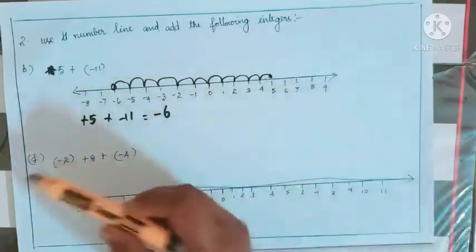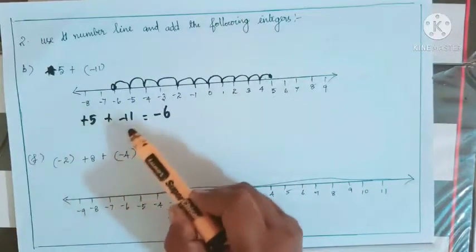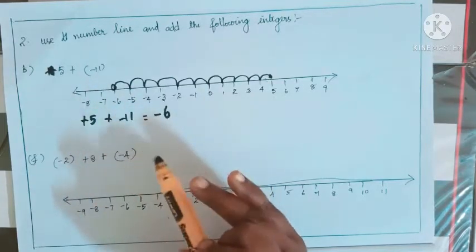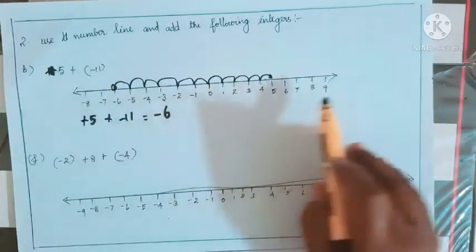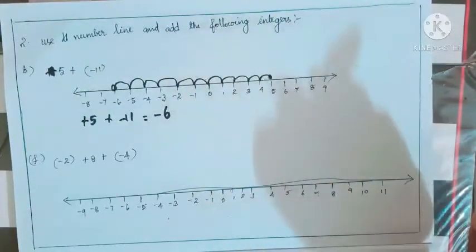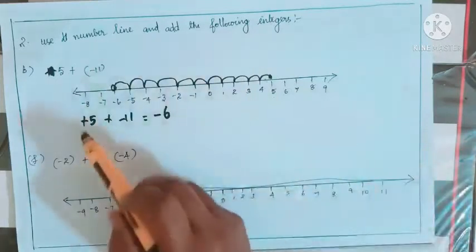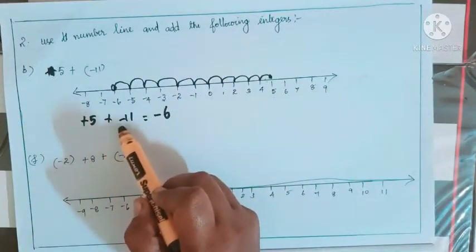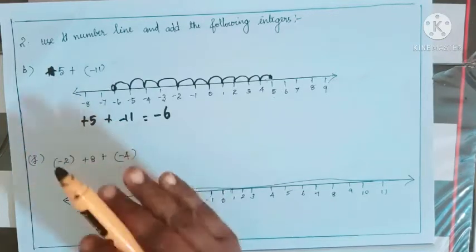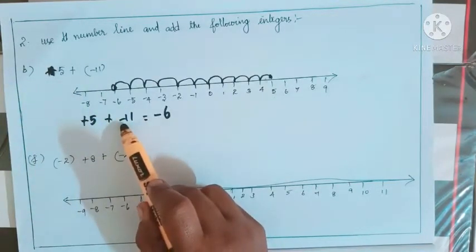If you get a positive number and a negative integer, what you have to do is subtract and put the bigger number's sign. This is a rule. Here we have represented it on the number line, but commonly, if a plus symbol and a minus symbol are given, you will subtract and put the bigger number's sign. What is the bigger number's sign here? Minus.